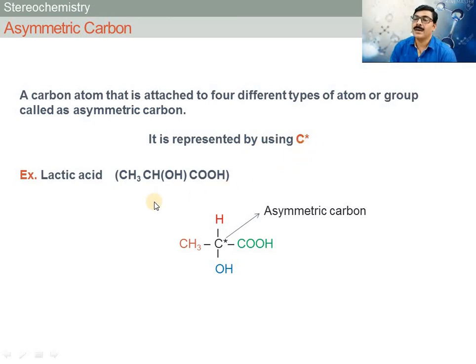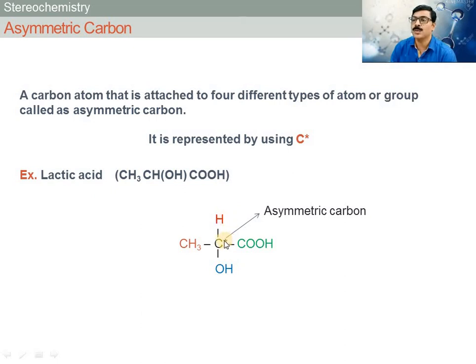For example, lactic acid. The molecular formula of lactic acid is CH3CHOHCOOH, and lactic acid contains one asymmetric carbon atom. The second carbon atom in lactic acid is asymmetric, because four different types of groups are attached to it.